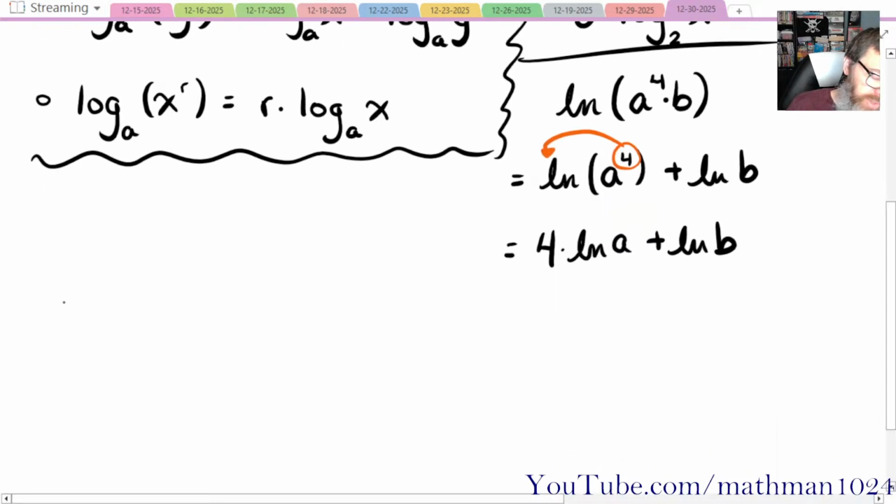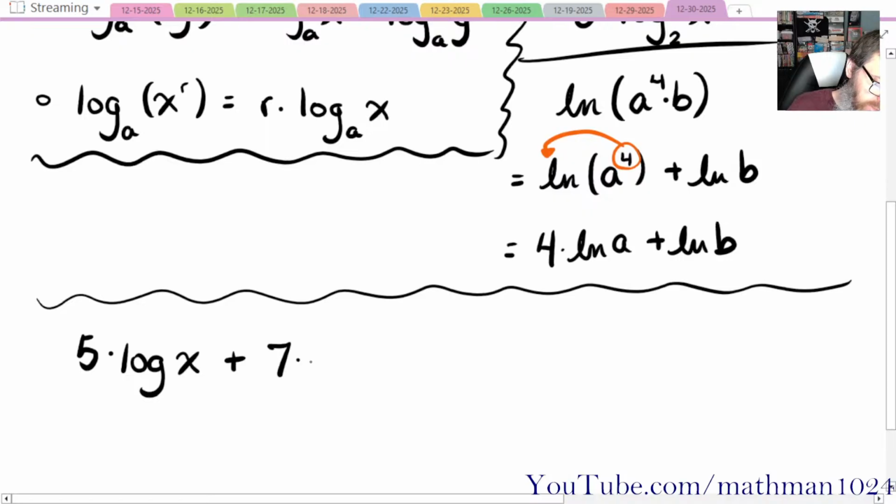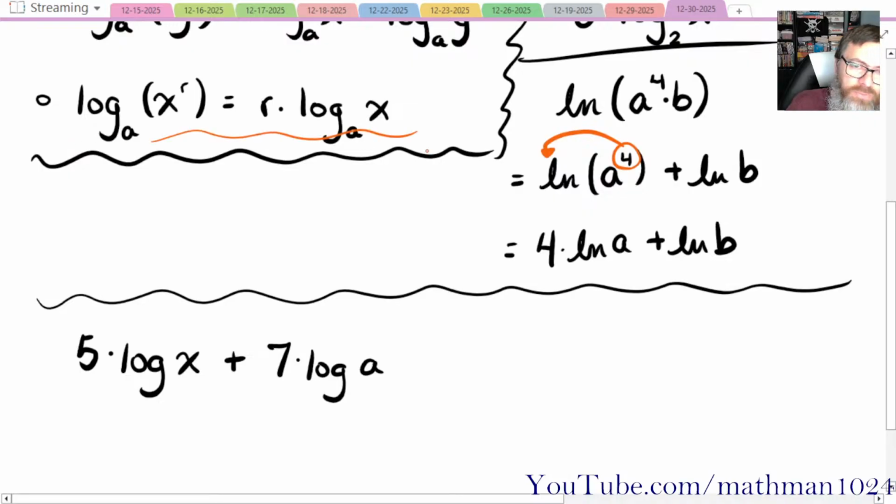In much the same way that we can split up these expressions, we can also put them back together. If I have 5 times the log of x plus 7 times the log of a, I can't put these guys together just yet, even though there is addition. And that's because of the coefficients. So I can use this property of logarithms right here and go backwards with it. Take the coefficient, and that's going to become the power for what's inside the logarithm.